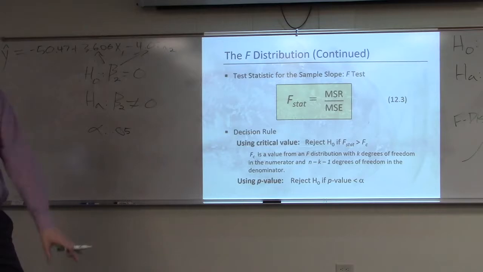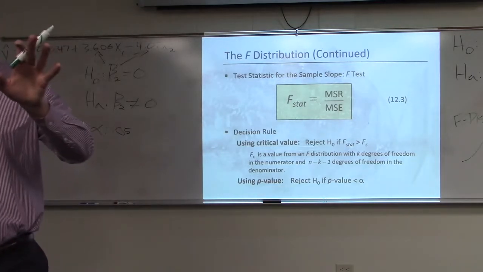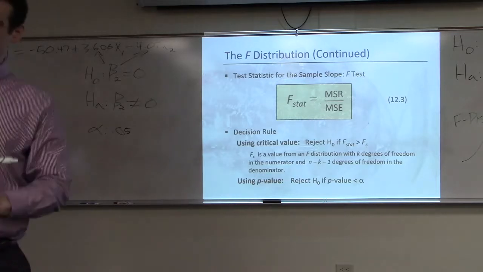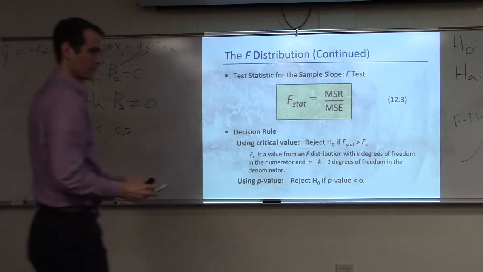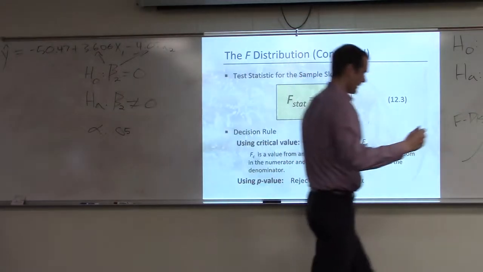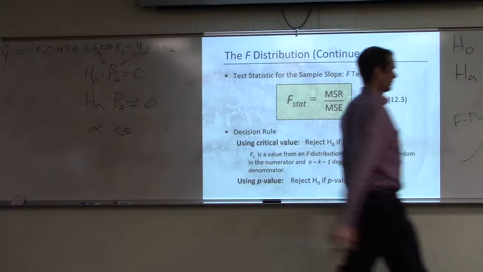So when you turn to the back of your book, say you choose 5%, you're going to look across the top for 2 degrees of freedom, and down the side for 17 degrees of freedom. What's the number where those meet? 3.592. Yes.